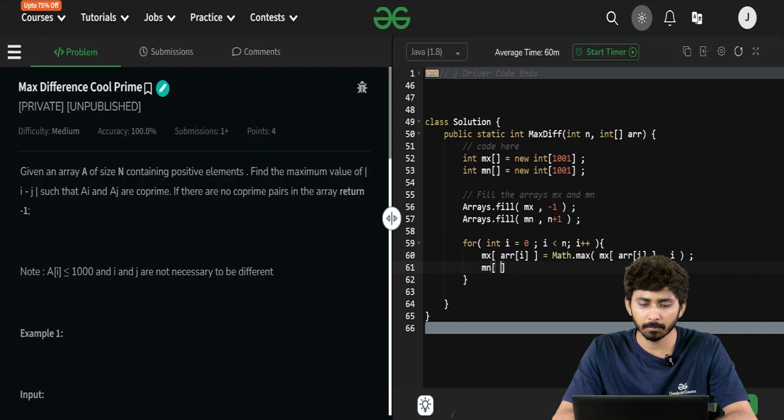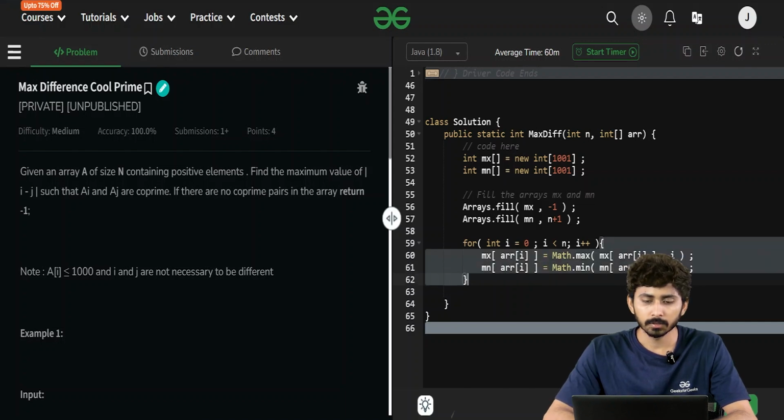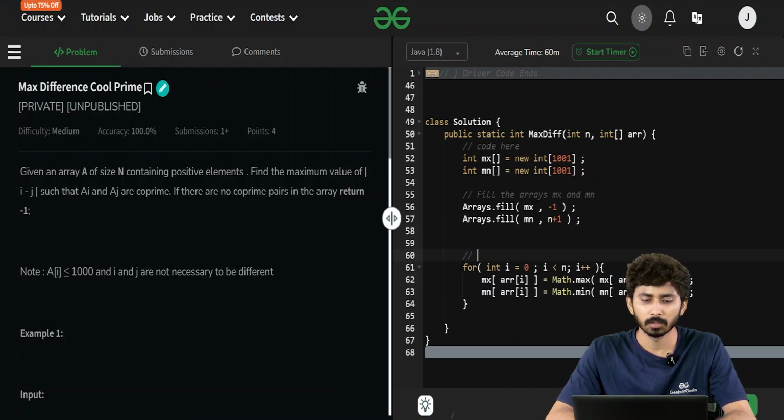And for the minimum index, I'll store Math.min of the minimum of arr of i with i. I'm just storing the maximum index and minimum index of every element. This is the initialization, so filling the mx and mn arrays.